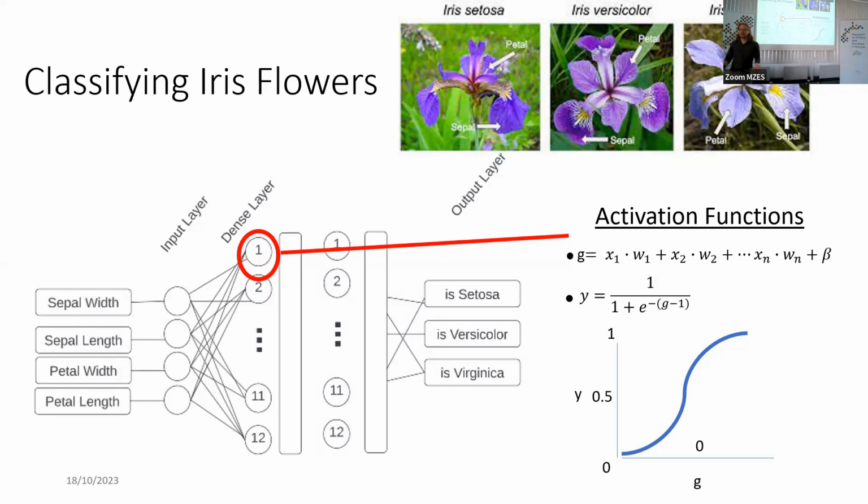A lot of you who have done any machine learning stuff have probably seen this example before. This is a famous example machine learning data set. What we're trying to do is predict what subspecies of iris flower a given specimen is based on measurements of its petals and its sepals, which is this other kind of little petal-looking thing over here. I'll be honest, I've never heard the word sepal before looking at this data set.